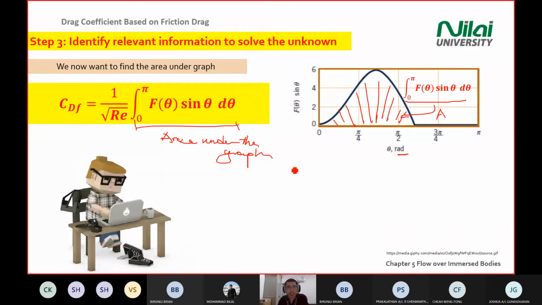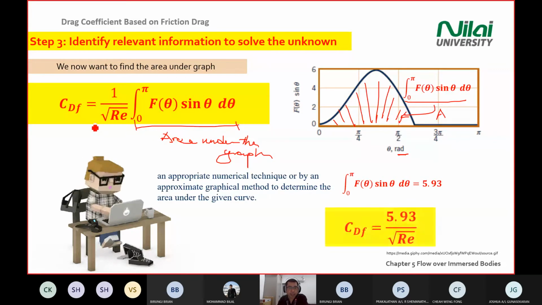Then we'll see whether you know how to link this graph to the equation derived. So this component is the area under the graph, which is a bonus mark, as you plug it in straight from the question. Straight away you write: given the area under the graph is so and so, and you conclude that the CDF equals 5.93 divided by the square root of the Reynolds number.